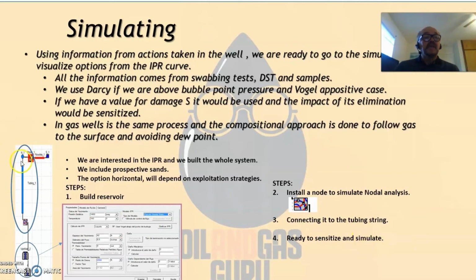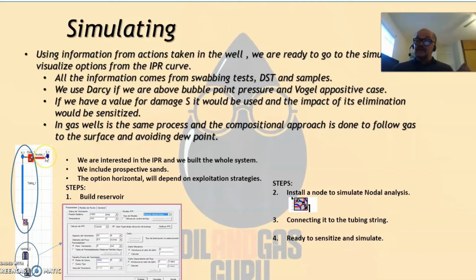So all the simulations are done up to the THP, the wellhead pressure, but in the future we're going to see how we connect this to the gathering network. So we can see how to optimize fields.